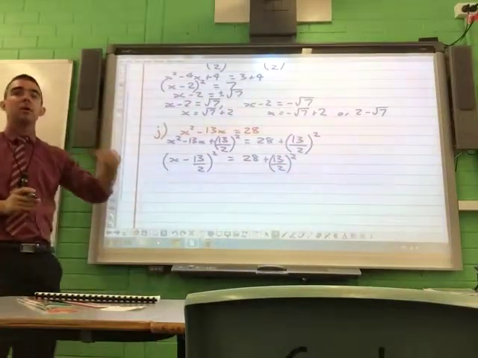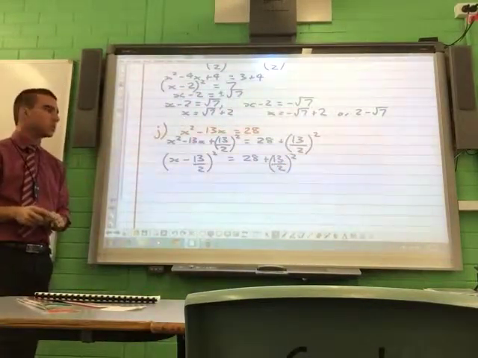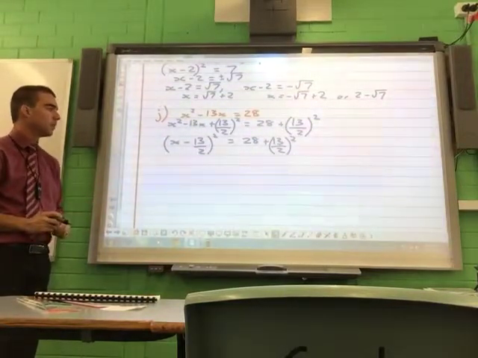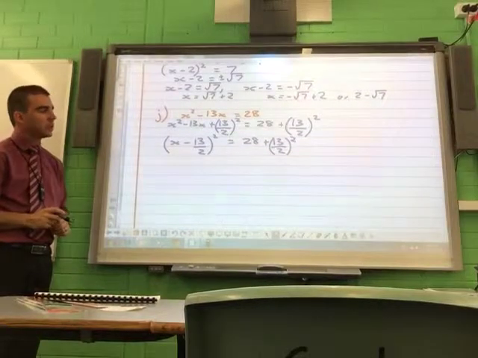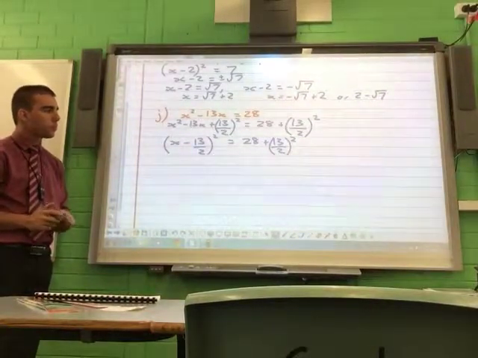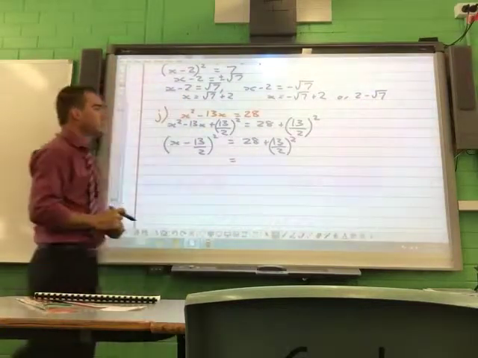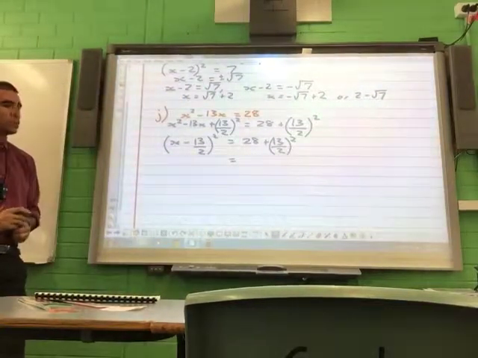I'm going to leave it like that because when I do the square you'll get a fraction. Okay, so it's not going to benefit me anymore right now. Actually, yeah, it might be easy if you guys see it as a whole number. Alright, so what is 28 plus 13 on 2 all squared?